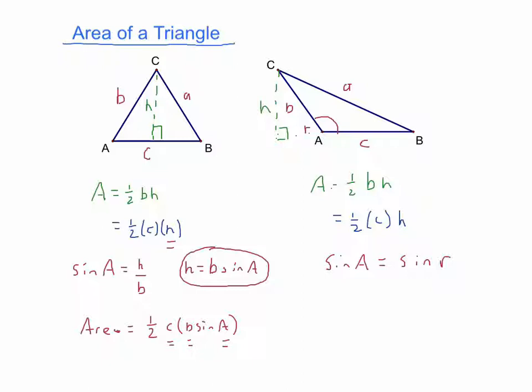And using that smaller right triangle, the sine of r should equal H over B. And as we had with the acute triangle, if we then go about solving for H, we get that H is equal to B sine of A, and that is exactly the same thing that we got with our acute triangle, so we indeed get the exact same formula for area.